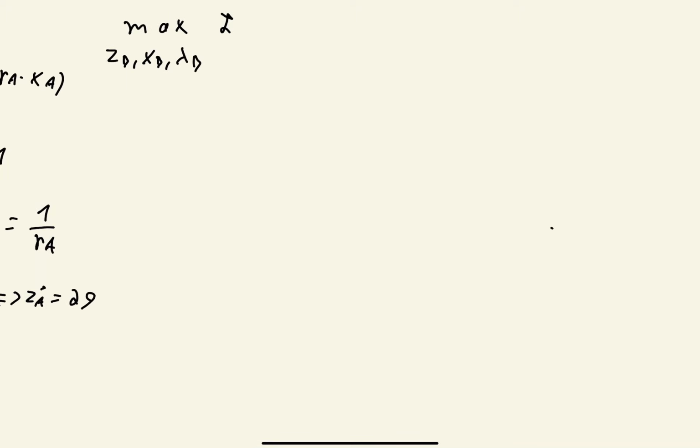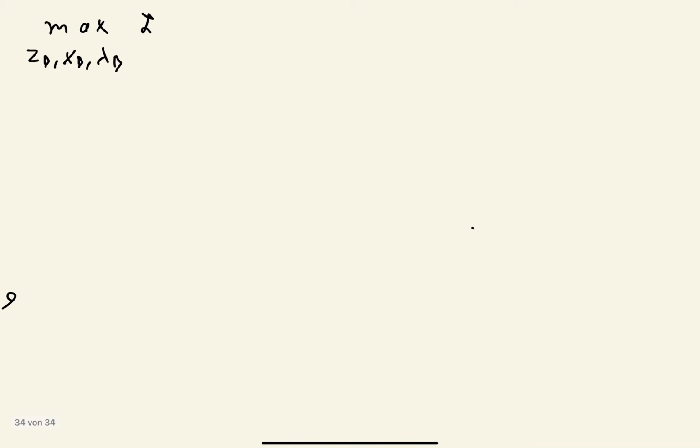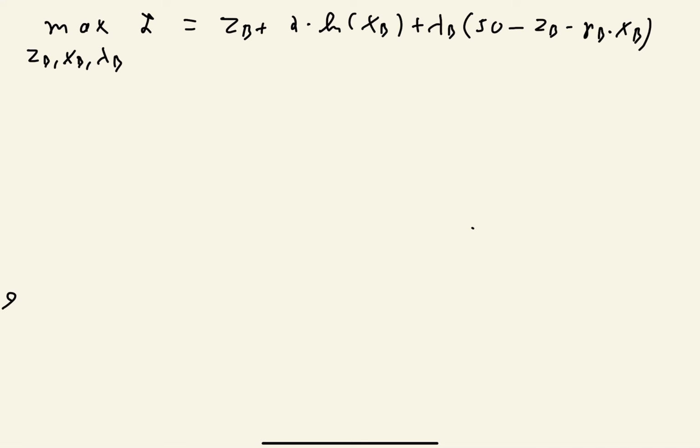So, back to individual B. He's maximizing the following objective function: ZB plus 2 times log of XB plus lambda B times 50 minus ZB minus PB times XB.